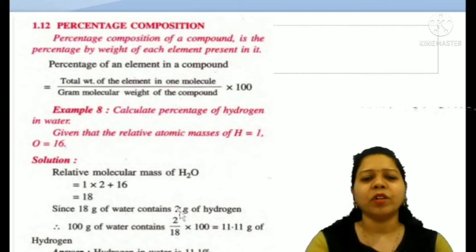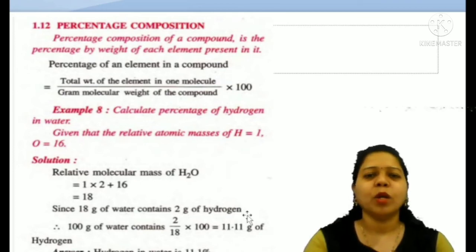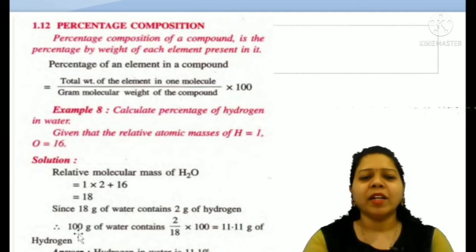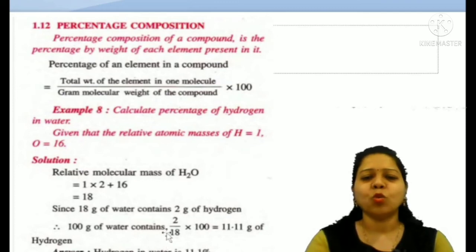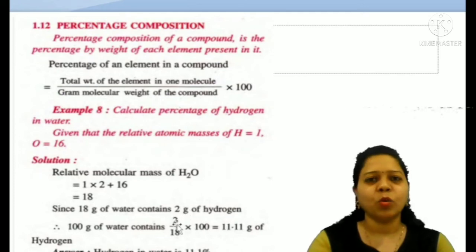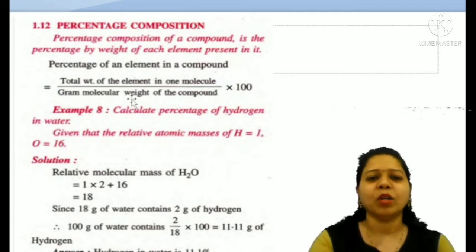Since 18 gram of water contains 2 gram of hydrogen. What are we doing here? We are calculating the mass of hydrogen. 2 atoms of hydrogen, that's why the mass of hydrogen is 2 gram. That's why 100 gram of water contains 2 upon 18 into 100. With the help of this formula, we are putting in the values. Total weight of the element in one molecule is 2, and the gram molecular weight of the compound, that is the water mass, is 18.